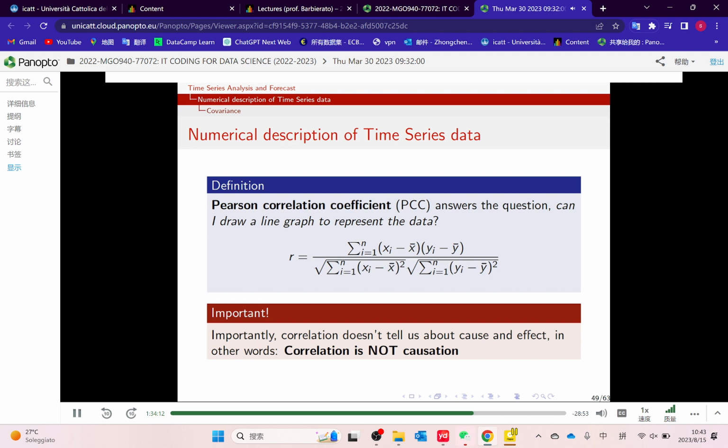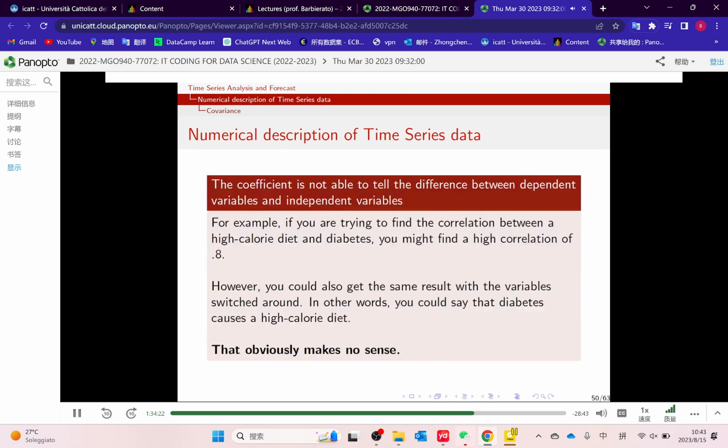This is quite natural, but statistics, unfortunately, is hardly intuitive. Typically, it's counterintuitive because our brain doesn't work in a statistical way. So, in general, there is this mantra, this rule: correlation is not causation. Why? Because correlation is commutative. So the correlation between x and y is identical to the correlation between y and x.